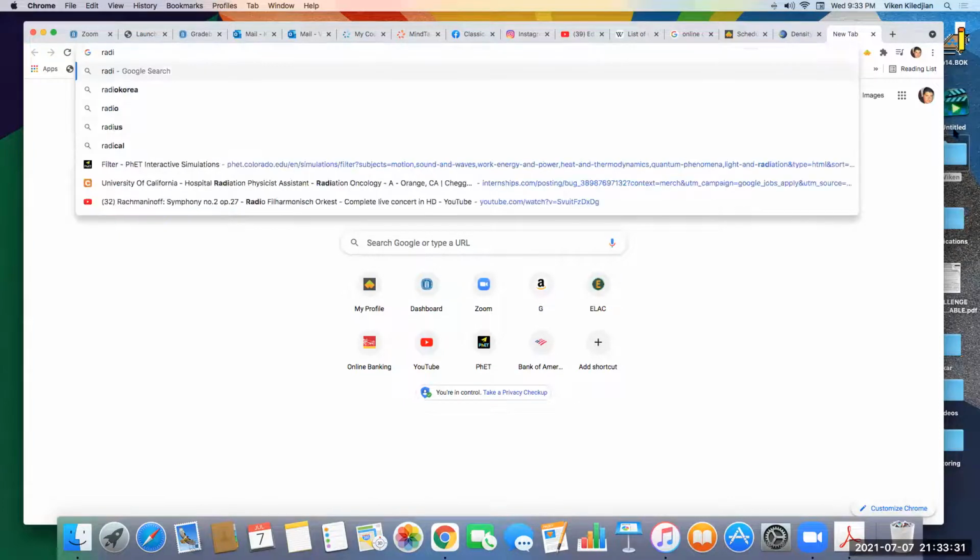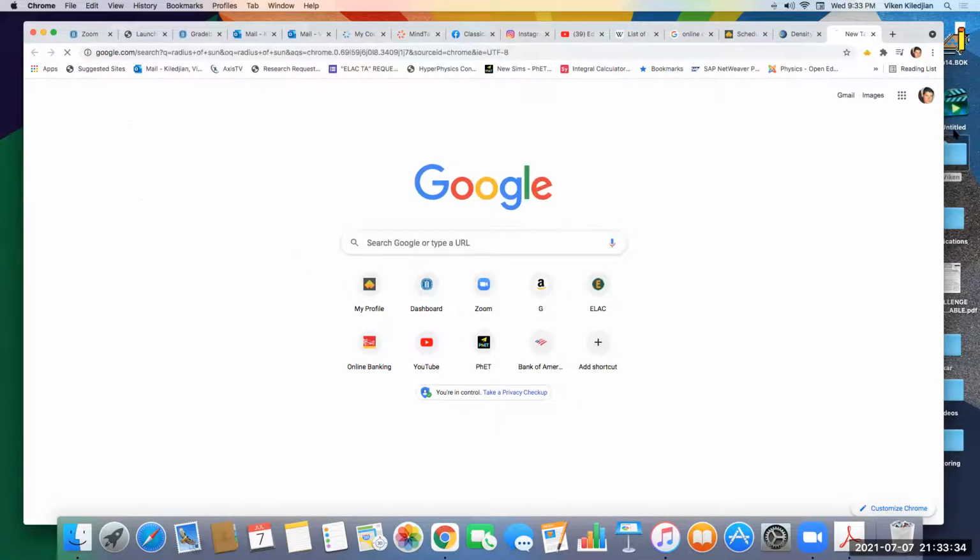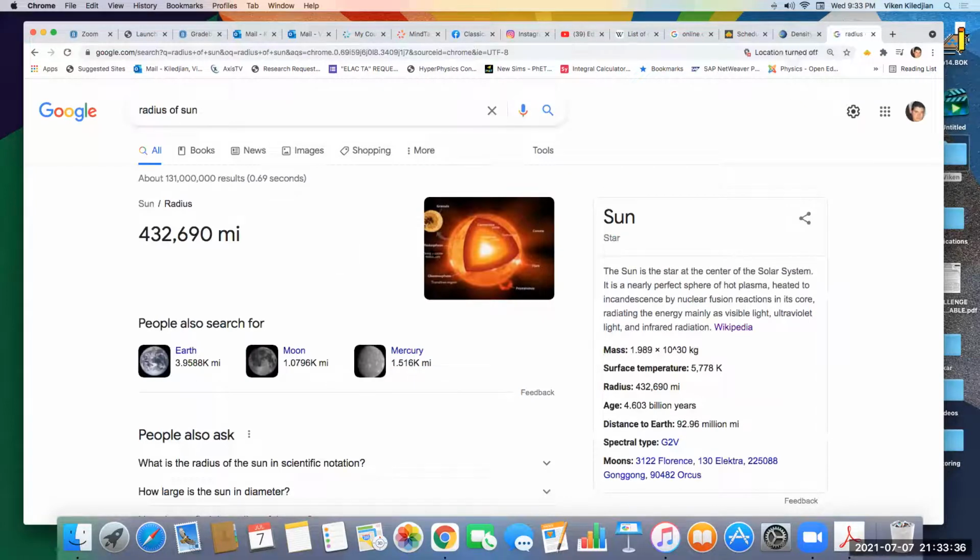Radius of sun. Okay, it's in miles, but I want it in meters, which is better.